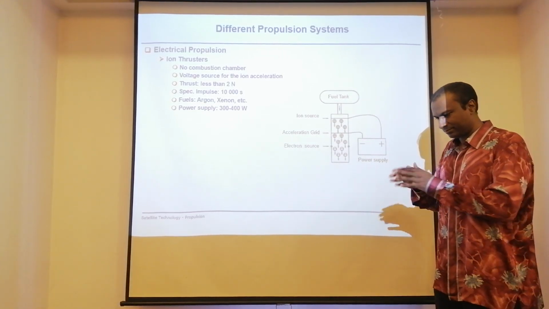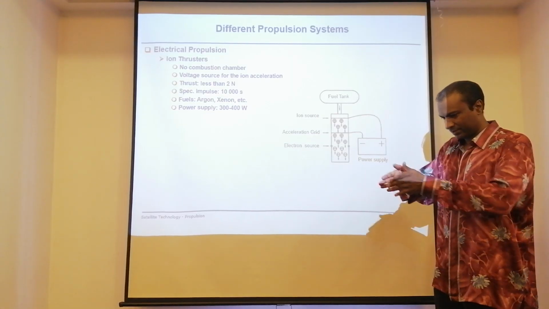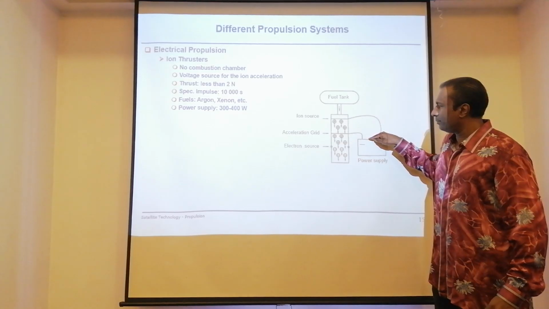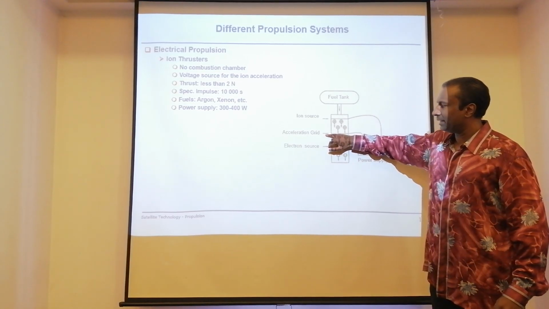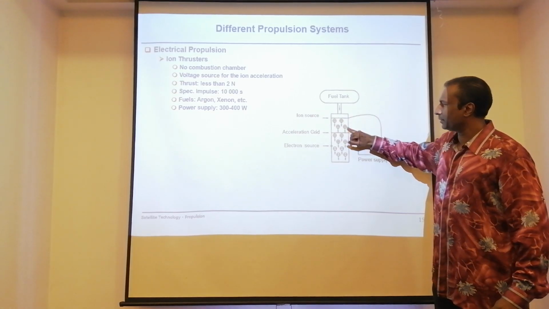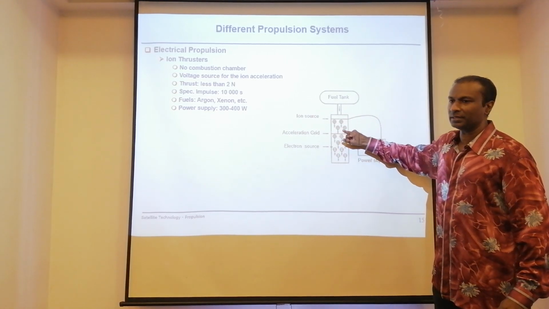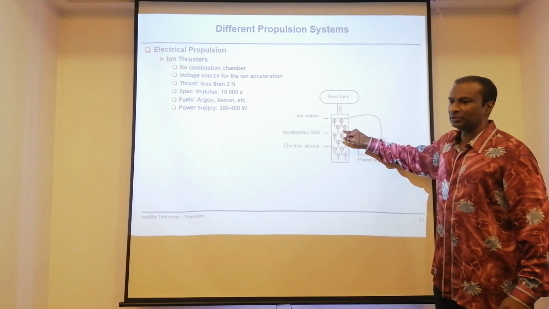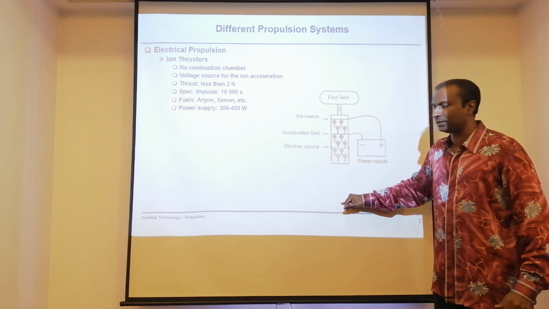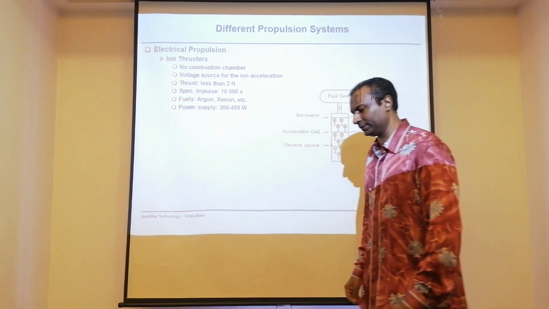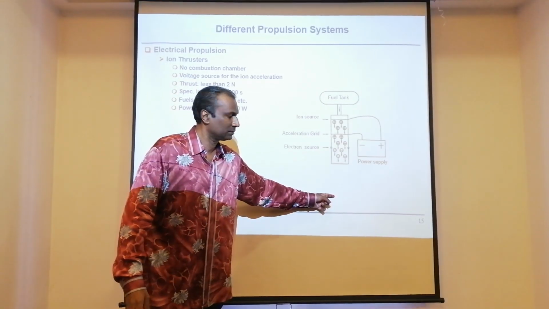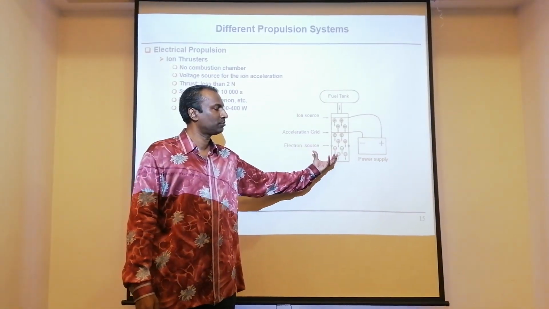Practically, you have a lane, and this would be a negative grid, and you have a positive grid. The ions are attracted to the grid, and it pumps out the gas at the back. That gives you a thrust, and your rigid body can move.